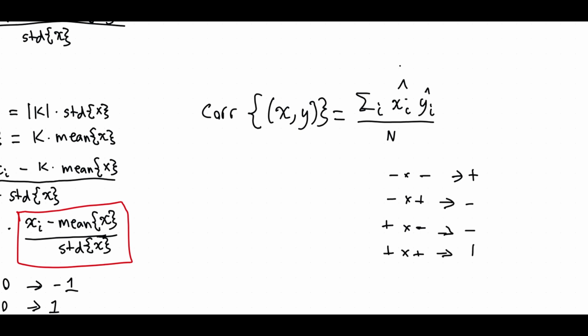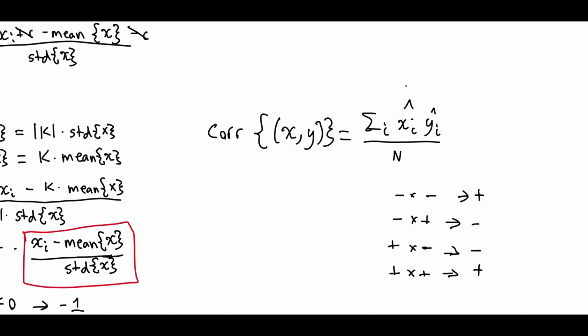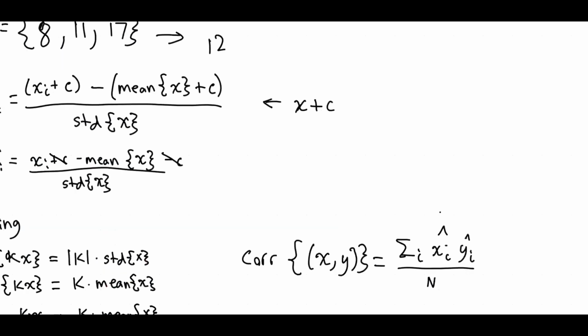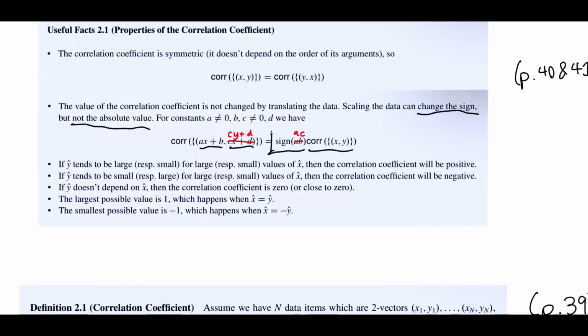So what we can say is the sign of the multiplication of each scale factor. So if we scaled x by a and we scaled y by c, the sign of a times c will capture our correlation coefficient difference. And we can see that's exactly how we got this part of our formula. Perfect.